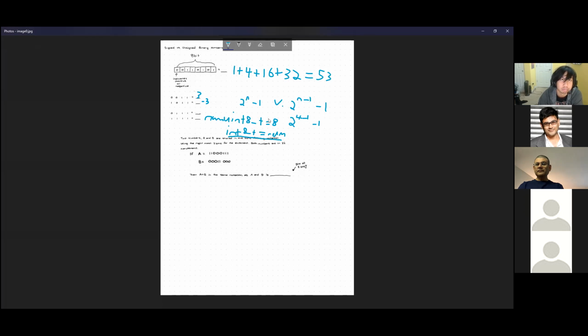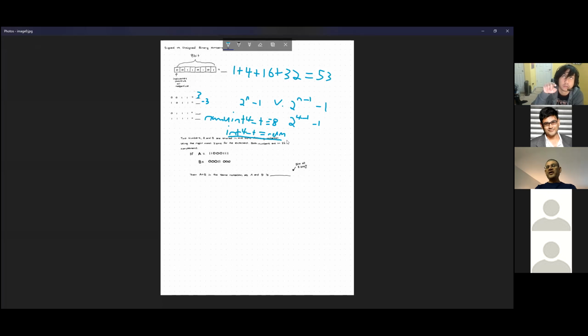If this was, for instance, -8, and this was a 4-bit, all right? No, 3-bit. Nope, 4-bit, I'm right.